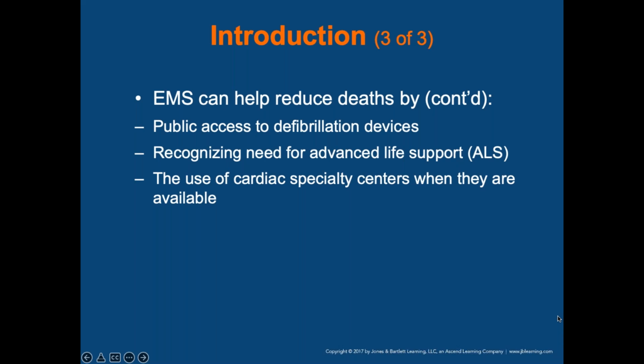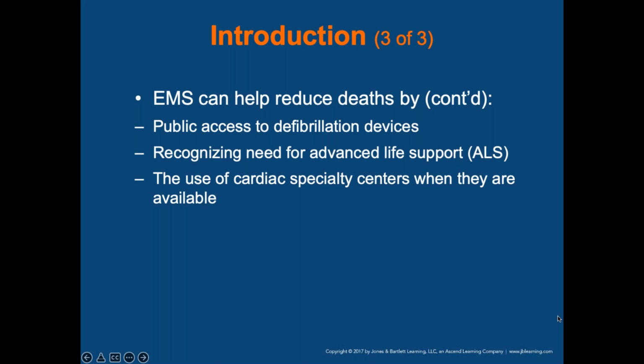So we live in a very rural area where we don't have cardiac centers readily available. We have hospitals that can start the process of giving heparin, TNK, Plavix, things like that, but they can't go in and pull a clot out. Those are your PCI centers, and there aren't very many around the areas that we work in.